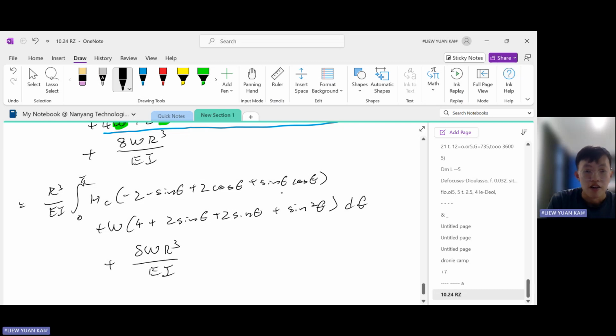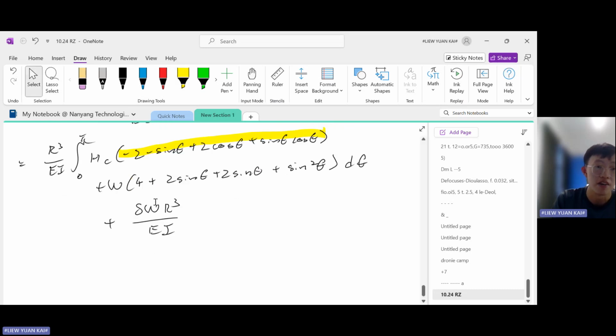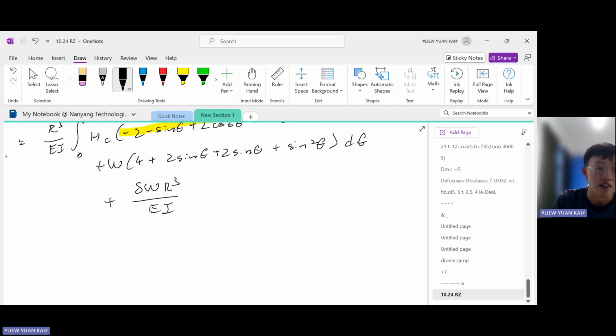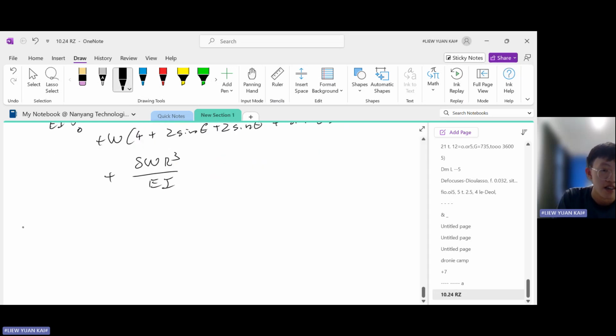Okay, so how do you do this? Now after this factorized form, it's very easy to evaluate in your calculator. So what you press in your calculator, right, is integration from 0 to pi radians, this first bracket. When you do that, what you get is, don't forget your r cubed over EI here.